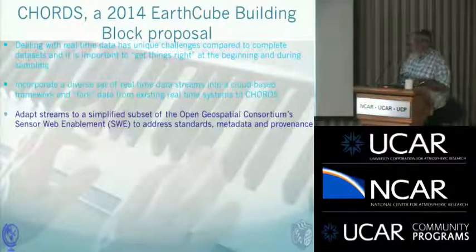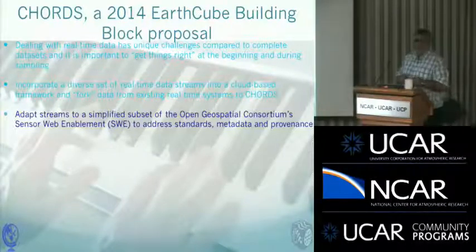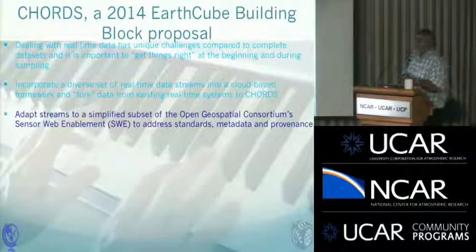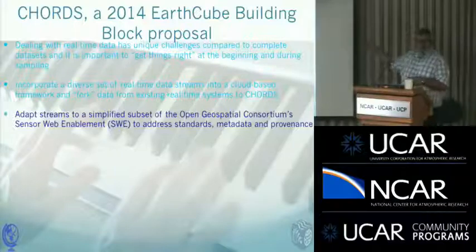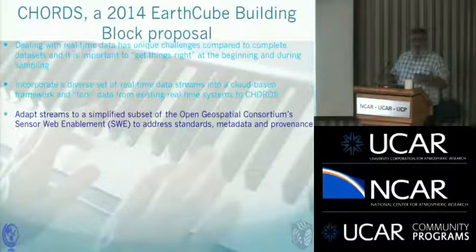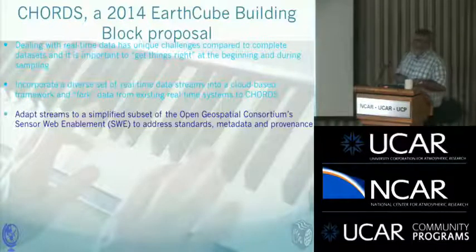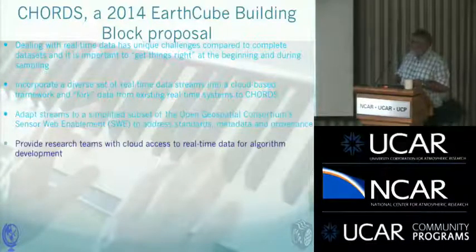And one of the things we decided to propose is using some standards. The Open Geospatial Consortium has a whole standard directed at sensor webs, they're called, so these webs of sensors, and connect some of our streams to those standards, and that would provide some metadata, make those data more useful. That was part of our initial proposal.